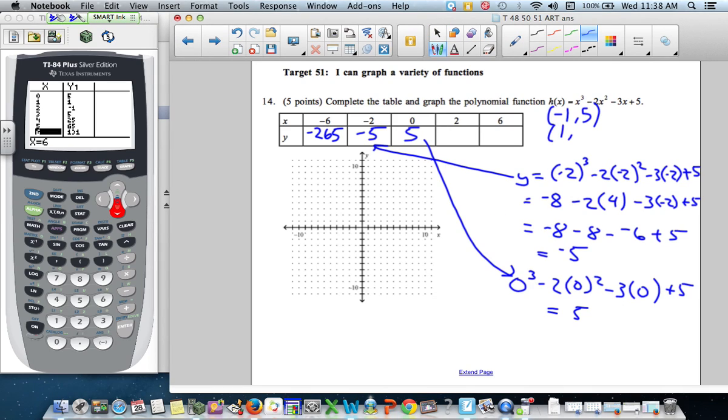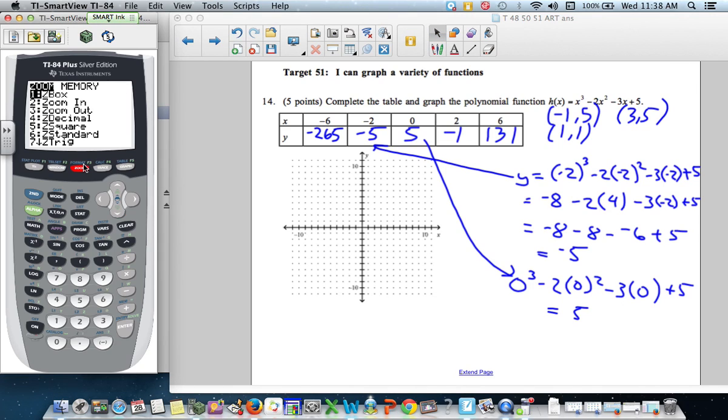So that one's not in my table, but I can add that. 2, -1. 3, 5 isn't on my table, but I can add that one. 6, 131.